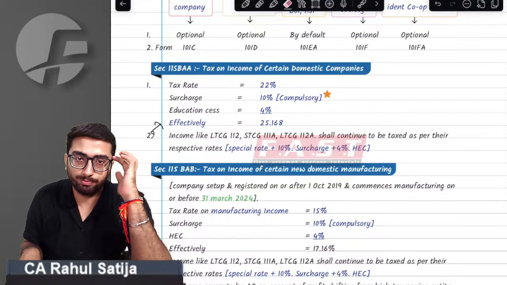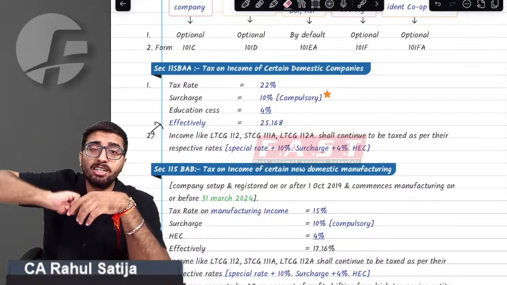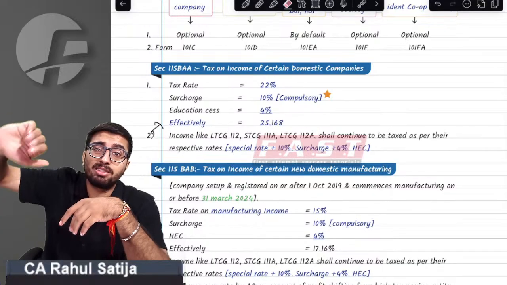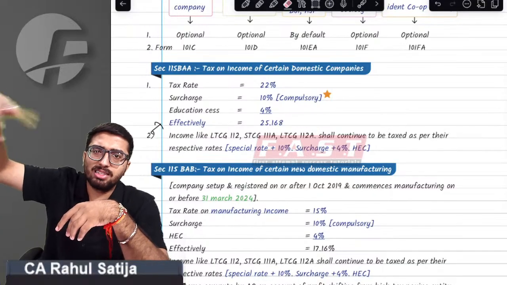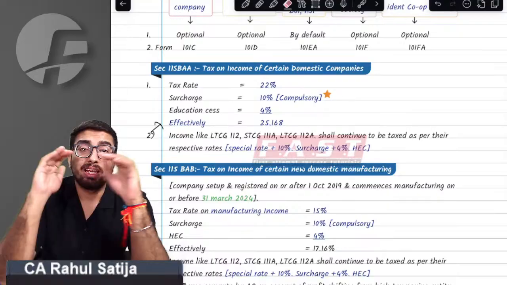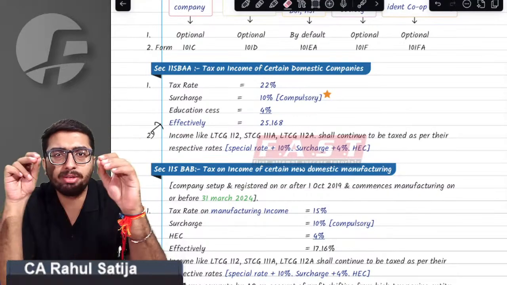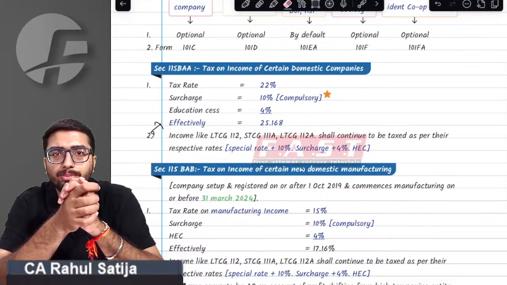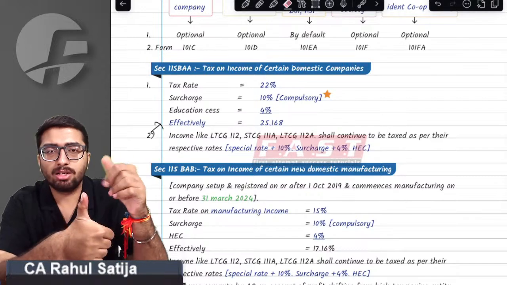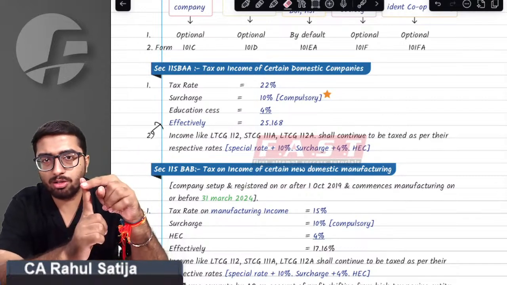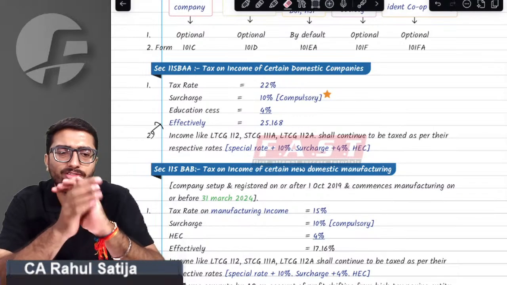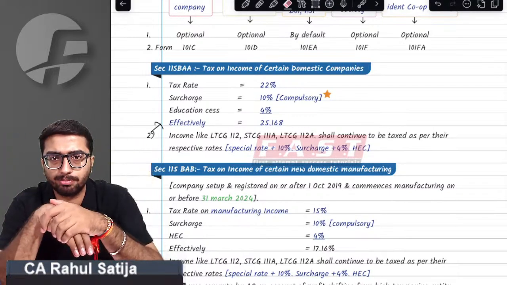Oh, wow, sir. In general tax rates, you are being charged 7%, 12% surcharge, but the surcharge is as per slab. But in this 115 BAA, you are being charged a flat 10% surcharge. Even if you earn 1 rupee, your surcharge is 10%. Even if you earn 100 rupees, the surcharge is 10%. A flat 10% surcharge is to be added.